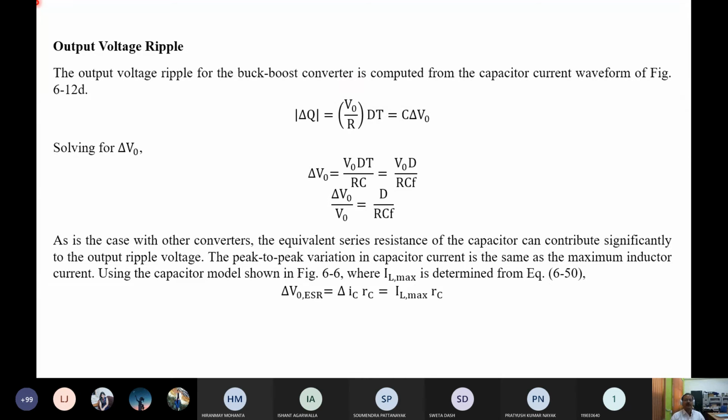So we keep the frequency constant and vary the duty cycle, either T on or T off. And T is equal to 1 by F. The switching frequency depends upon the switch. If it is IGBT, it is around 20 kilohertz. If it is BJT, 10 to 20 kilohertz. In MOSFET, it is megahertz, depending upon the operation.